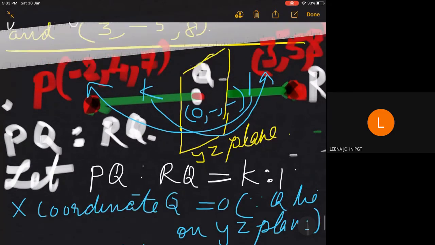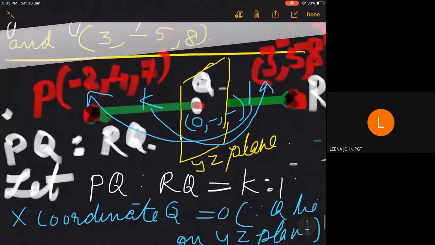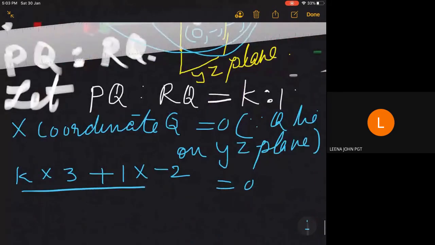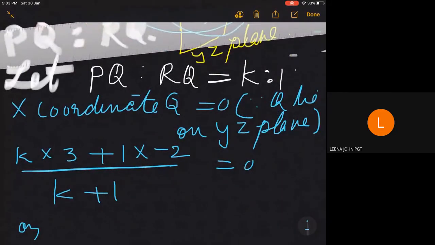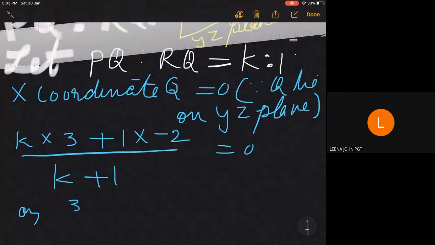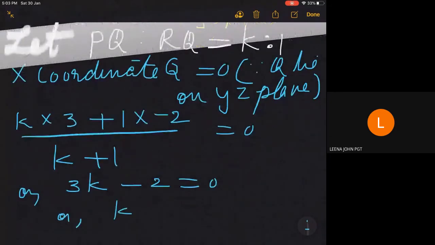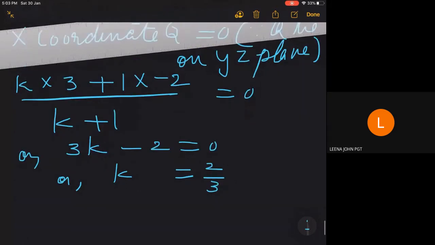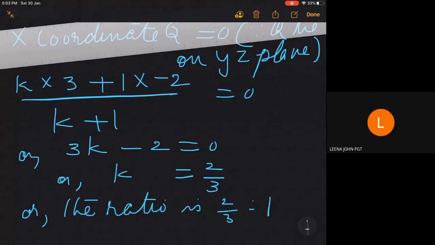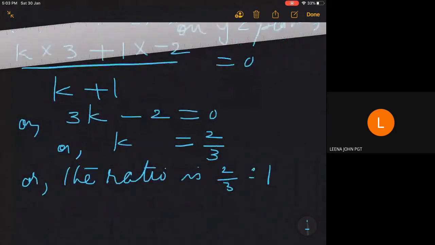This fraction is 0 means you can equate the numerator to 0. That is 3k minus 2 equal to 0, or k equal to 2 by 3, or the ratio is 2 by 3 is to 1, and a ratio can be multiplied with the same constant. So multiplying with 3 you get 2 is to 3.